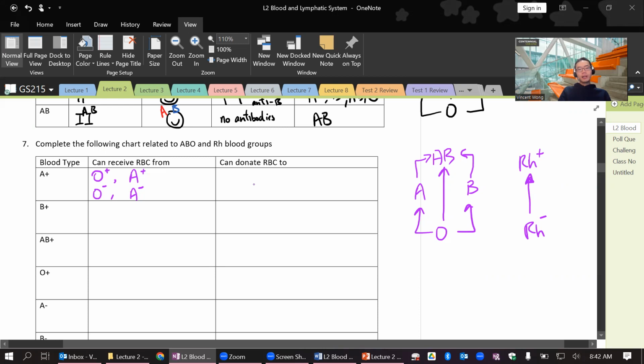Who can you donate blood to if you are A positive? Well, A can donate to other A, and they can donate to people who are AB as well, right? You just follow the arrow, it will tell you who you can give it to. If you're positive, you can only give to other positives and not negative.